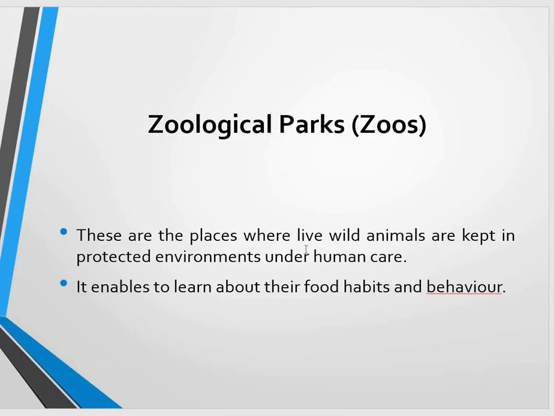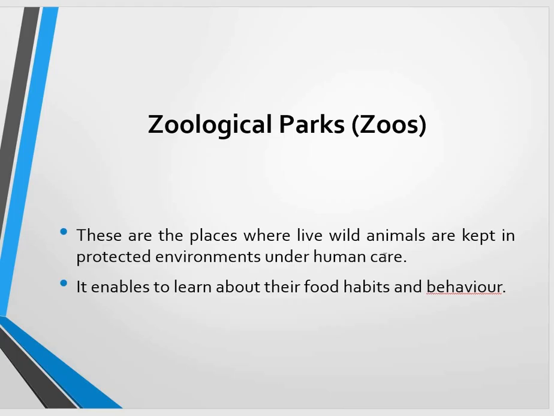So here the wild animals are kept in a large area, maintaining the same habitat as that of their natural habitat, so that they can have a feeling of their natural home, and they can be conserved.